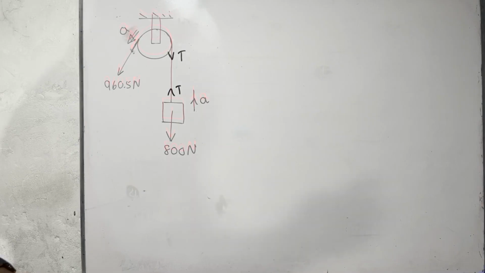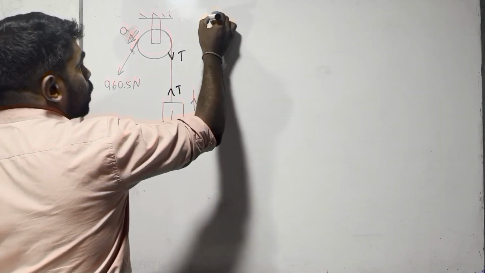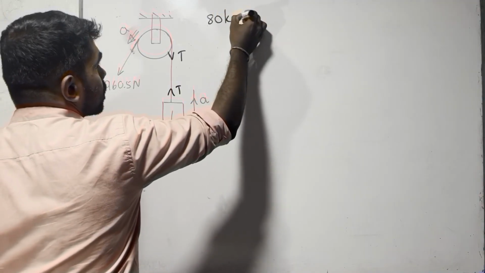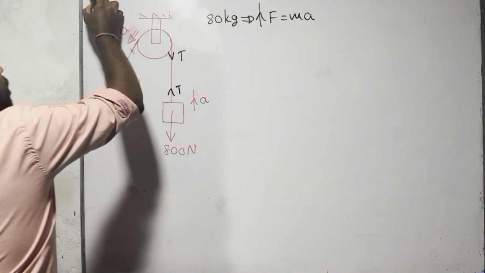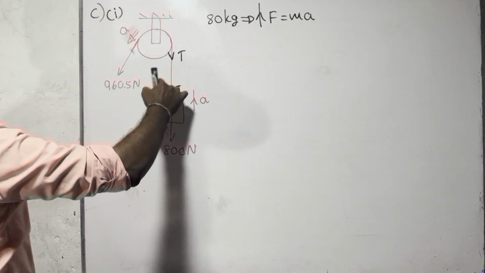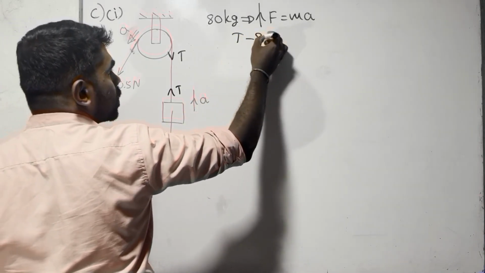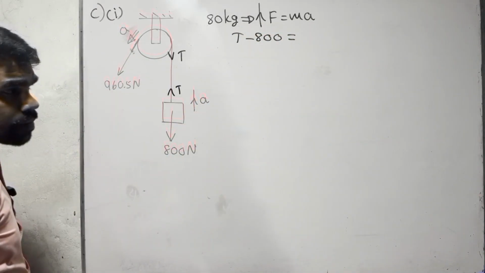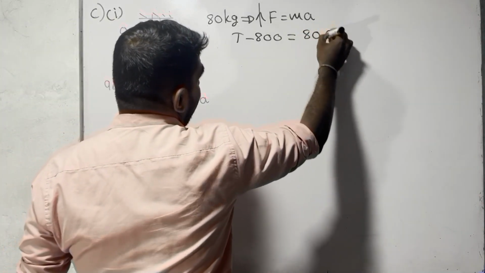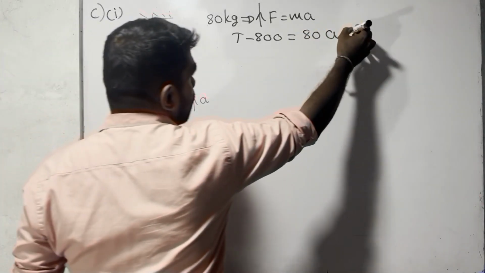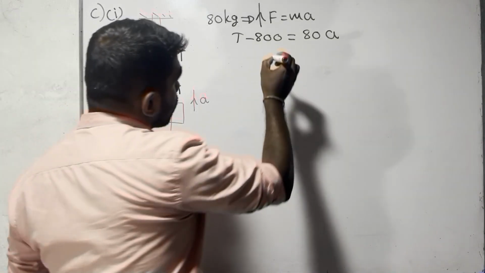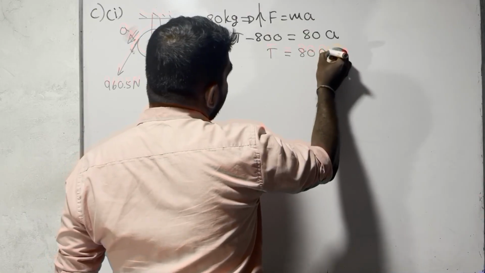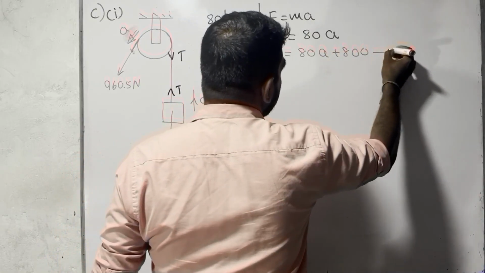Therefore, I will use the 80 kilogram mass, F equals ma in the upward direction. Upward force tension minus downward force 800 equals mass 80 times acceleration, which is the unknown. I will make T the subject: T equals 80A plus 800. It is the first equation.